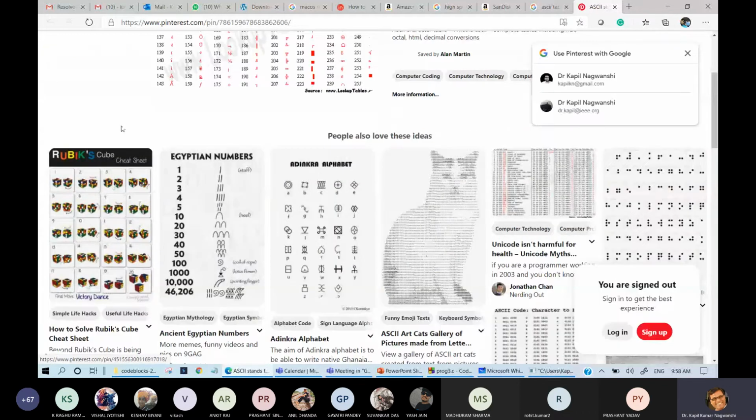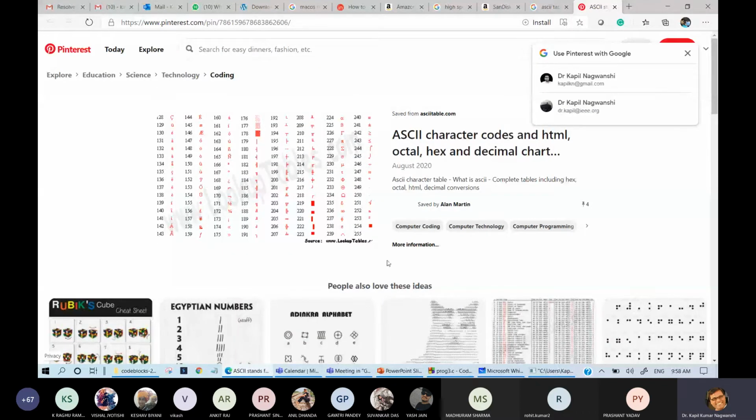And if you want to print a smiley also, smiley is given or not, I don't know. Smiley is not given. Otherwise, I may be able to show you the smiley also.